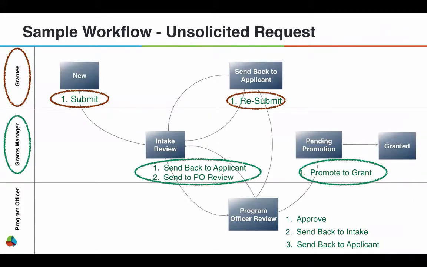And the Program Officer should be selected for all the workflow buttons on the Program Officer Review state. But let's say the Program Officer should also be able to promote to a grant. So we'll want to select the Program Officer on the Promote to Grant button as well.